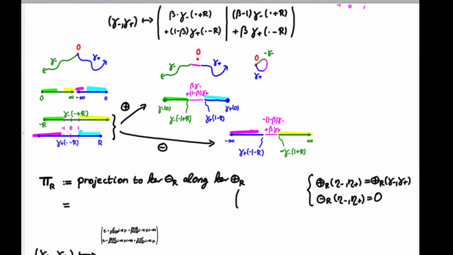So the matrix is shift in R direction on the first factor, shift in minus R direction on the second factor. So these are shifts. And then I ought to preglue. Actually, right, I'm going to preglue and anti-preglue at the same time, because why not? So the pregluing is going to come with weight beta and 1 minus beta.